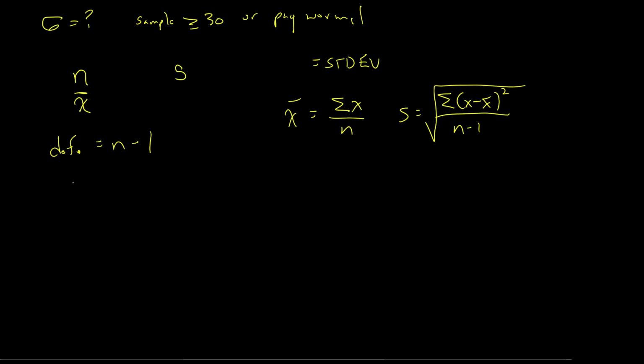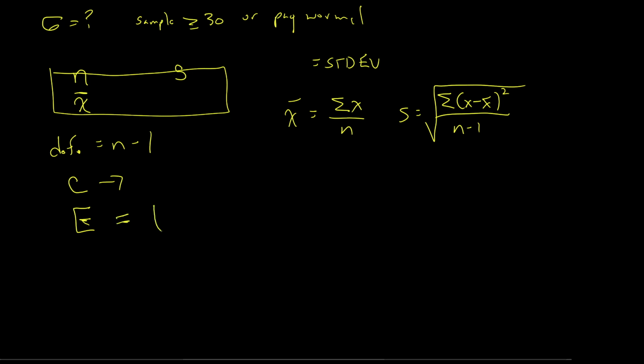And we need to then set our confidence level. And our next step then is to find the margin of error. Right, so these are what we measure. We set these. And our margin of error is going to be based off the critical value times the sample standard deviation divided by the square root of the number of samples.